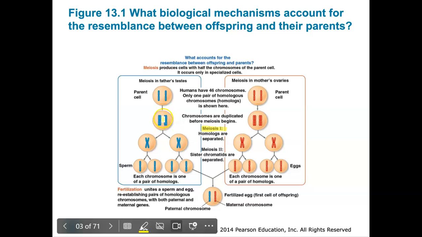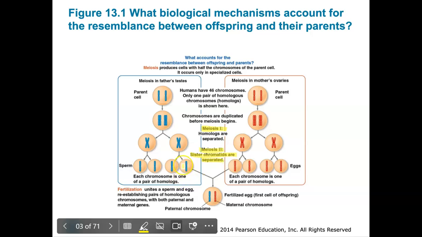And during meiosis 1, only one of those sets of homologous chromosomes will end up in each of the 2 daughter cells that are produced. And then when they divide, the sister chromatids separate. So in meiosis 2, the sister chromatids separate. That may sound familiar, and it should, because meiosis 2 is just mitosis.